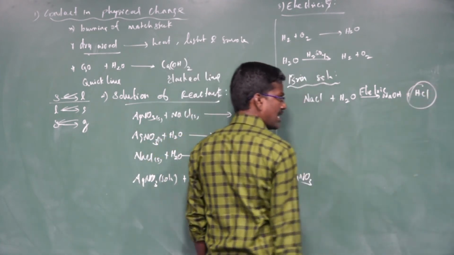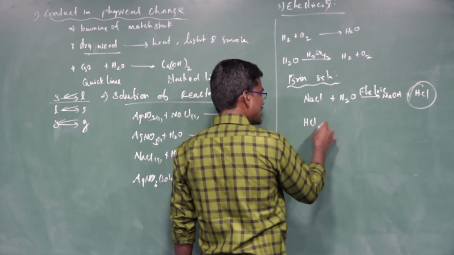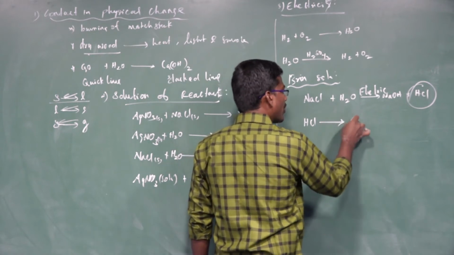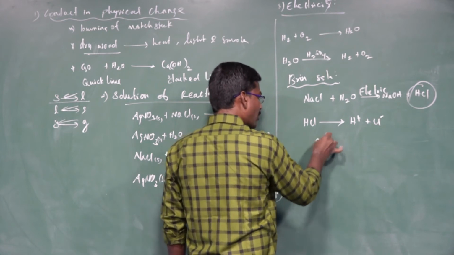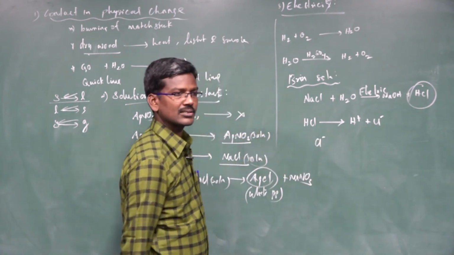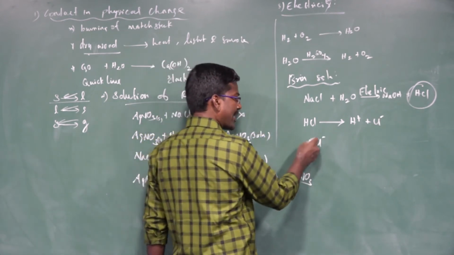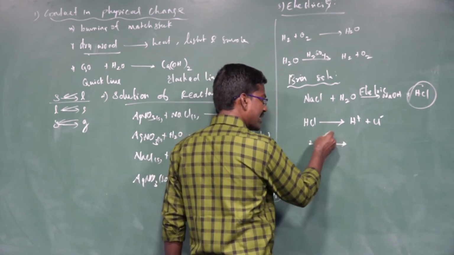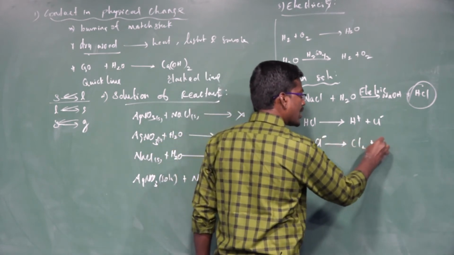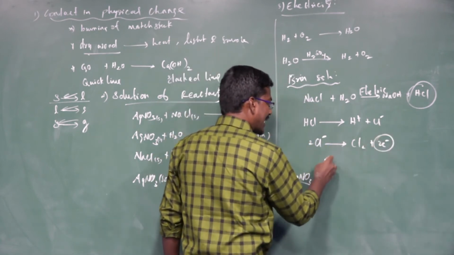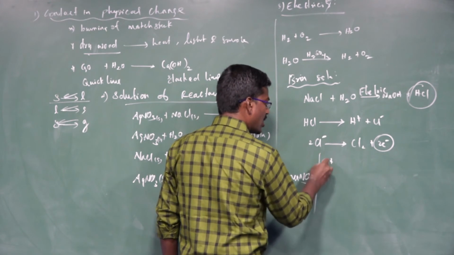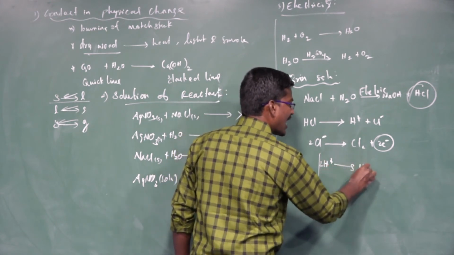The hydrochloric acid, HCl, dissociates to form H plus and Cl minus ions. The Cl minus ion contains extra electrons. The extra electrons of Cl minus ions can combine with each other to form Cl2, and 2 electrons are lost. Those 2 electrons can be accepted by 2H plus to form hydrogen gas.